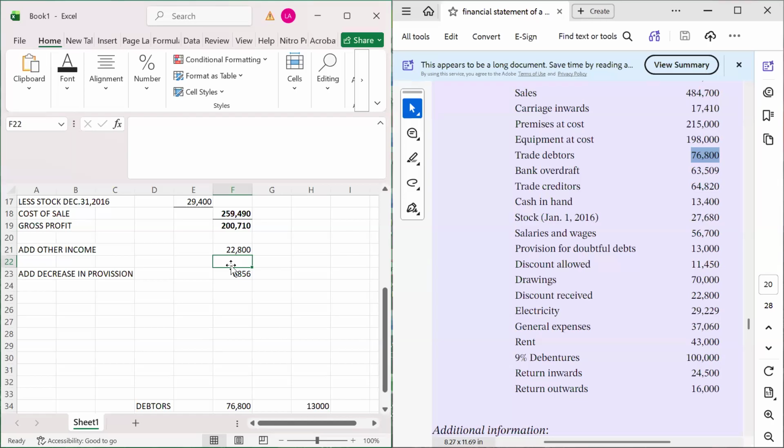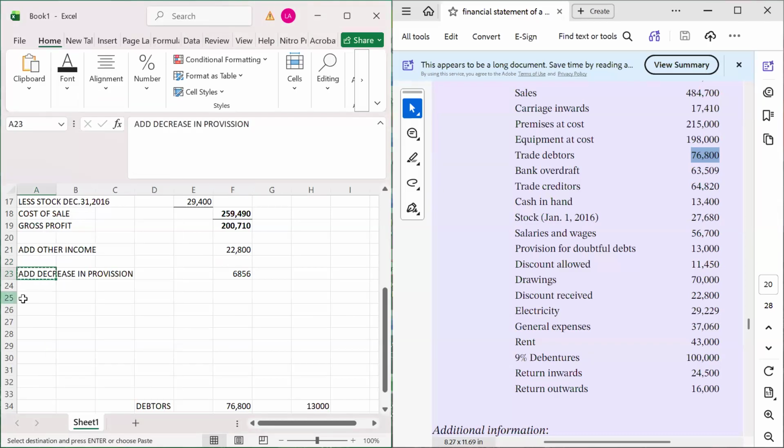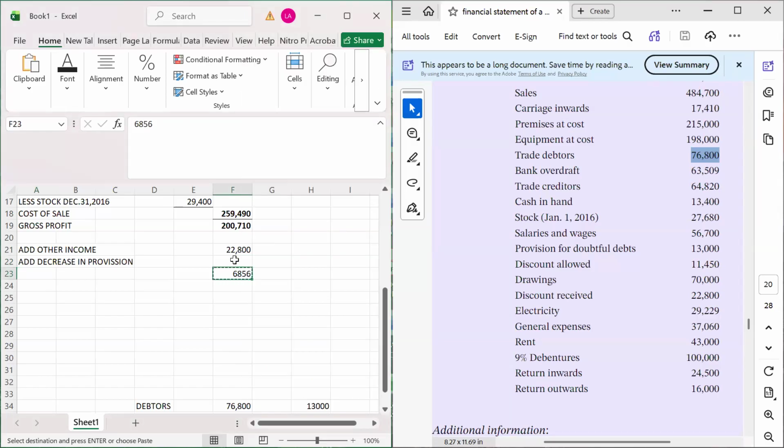Even if you make the total, you can still bring it. It will not spoil anything. It will give you the same figure. But once you have been able to read the question, it is easy for you to know that you have to leave a space to get that one there.